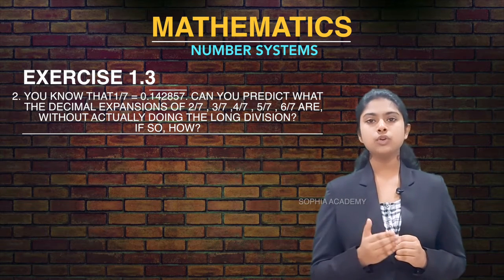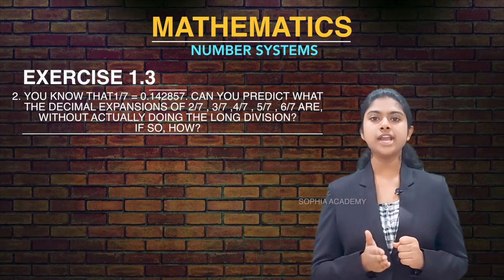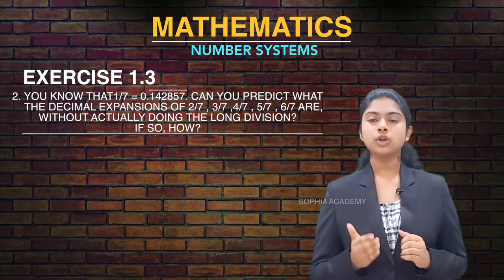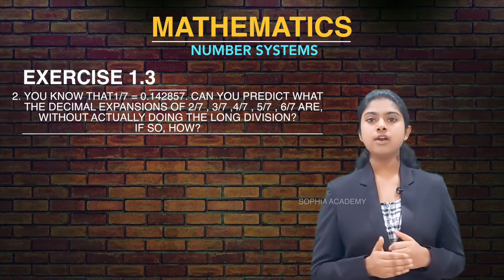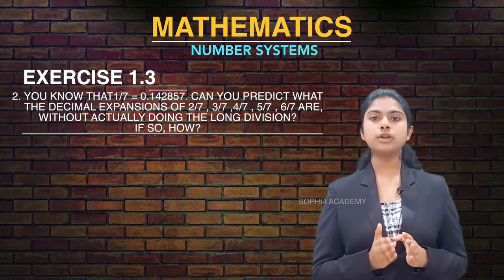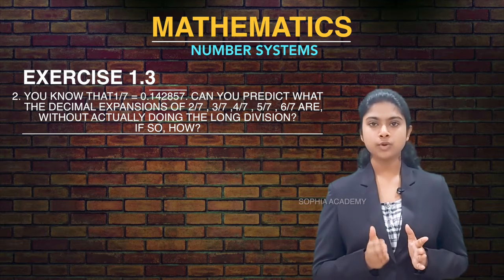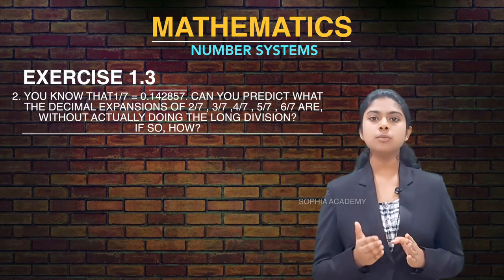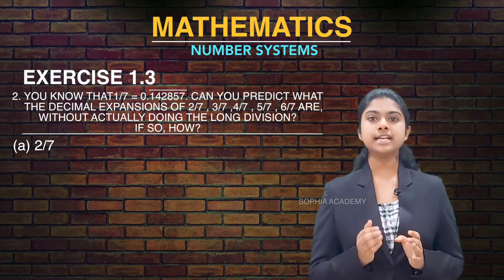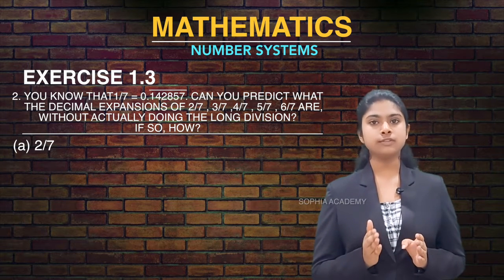We know that 1 by 7 is equal to 0.142857 with the whole bar. Wherever 1 by 7 appears, we are going to replace it with 0.142857 with the whole bar. The next one is 2 by 7. We are going to find the decimal expansion of 2 by 7 without doing the actual long division method.